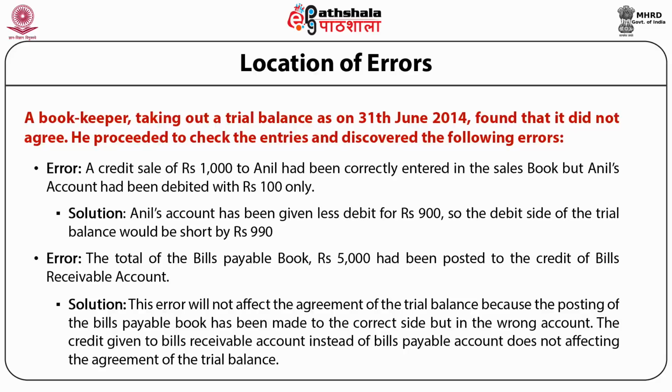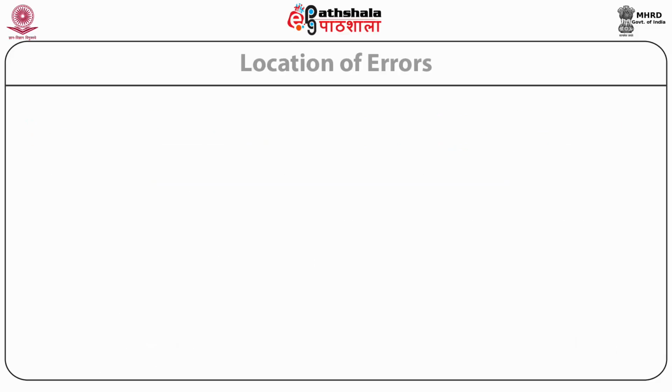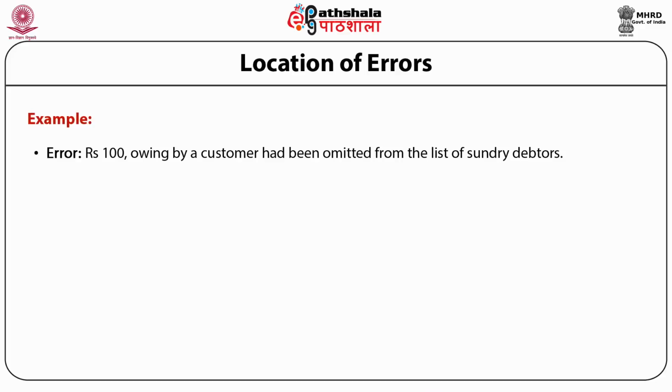The credit given to bills receivable account instead of bills payable account does not affect the agreement of the trial balance. Error 3. ₹100 owing by a customer had been omitted from the list of debtors.